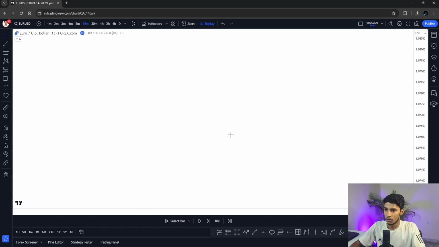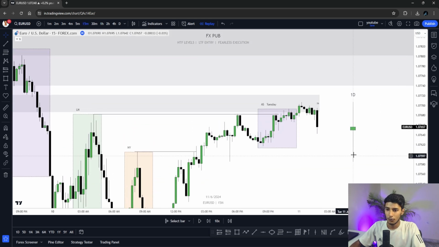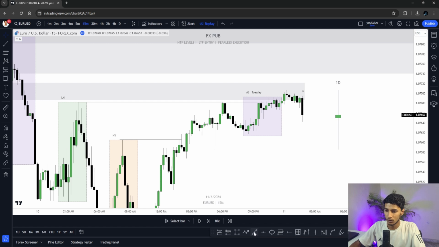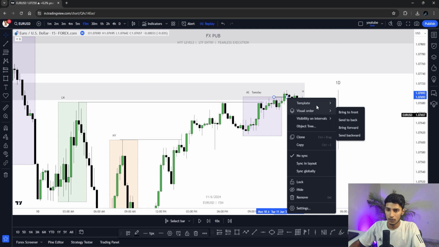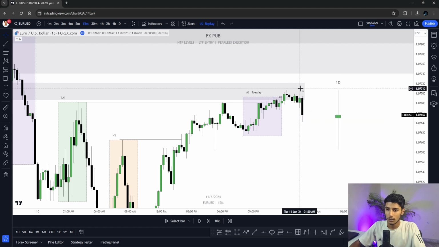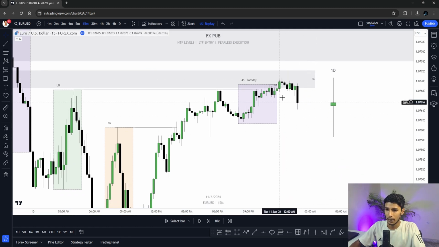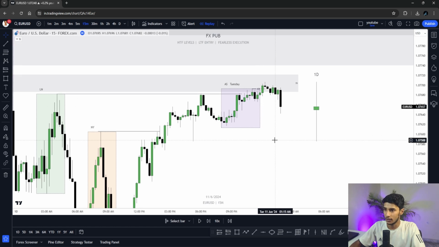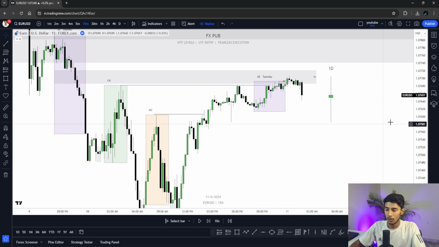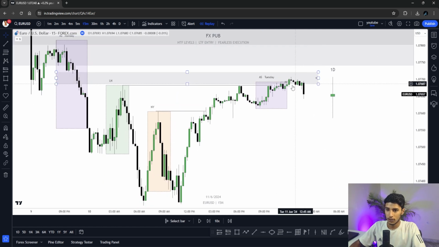So if you can see here, if we go lower, we are sweeping the Asia high, tapped on the 1-hour fair value gap, and it seems it is rejecting. But we are not going to take this trade directly from this zone.